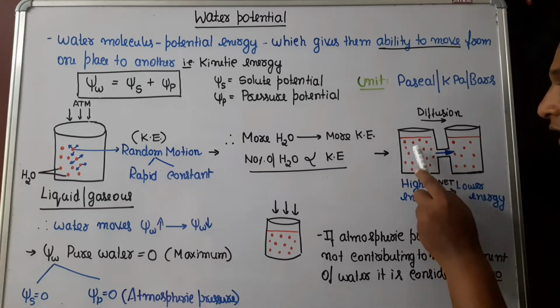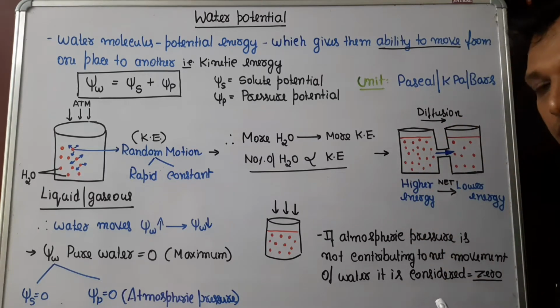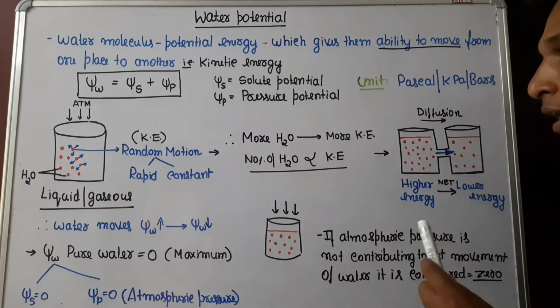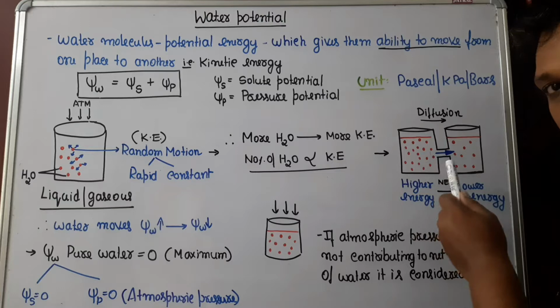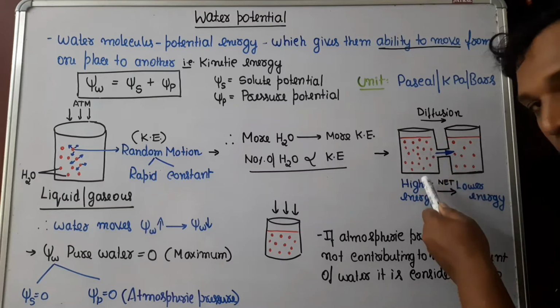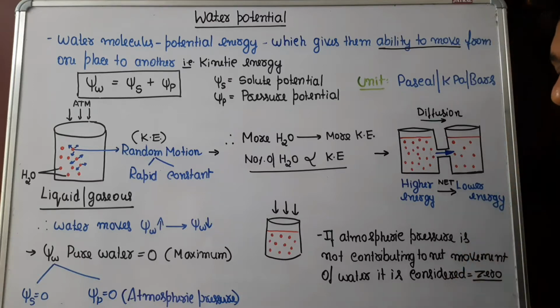It is due to higher concentration to lower concentration, so it is a diffusion. Hence, the nature of water is that whenever it gets a gradient, it moves from a region where there are more water molecules to the region of fewer water molecules.